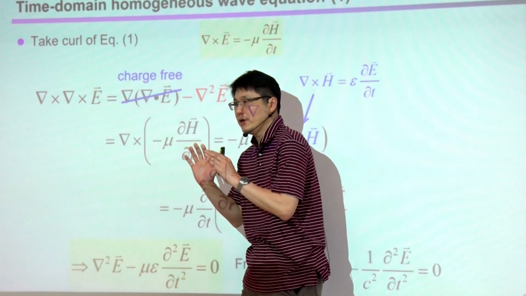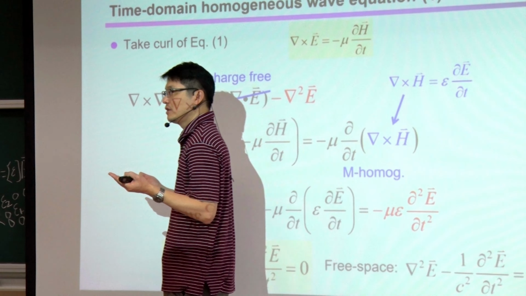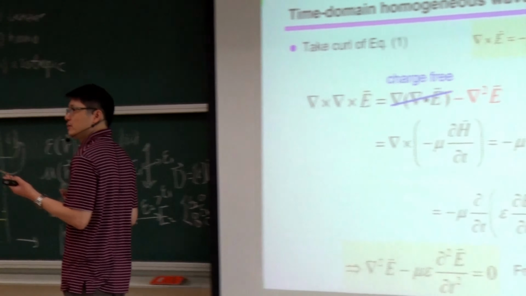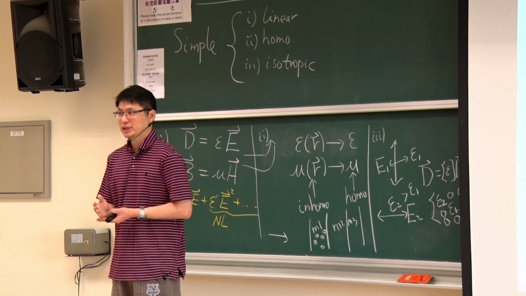I have wave number 1, and I have wave number 2. What's the difference? Waves can propagate with different speed and direction.